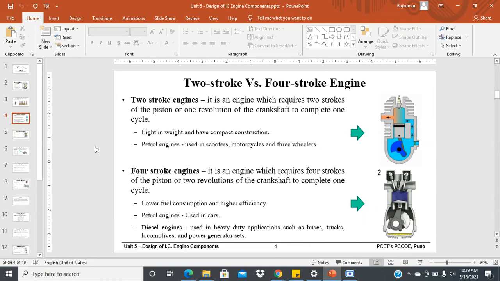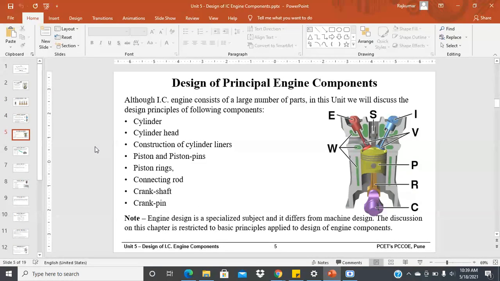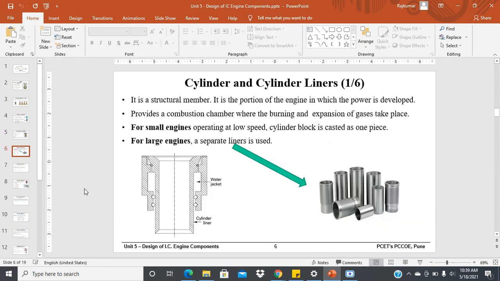Then we started with two-stroke and four-stroke engines and why four-stroke engines are widely used. Then in this chapter we are going to discuss only design principles of engine components, and these are the selected components taken for the study.